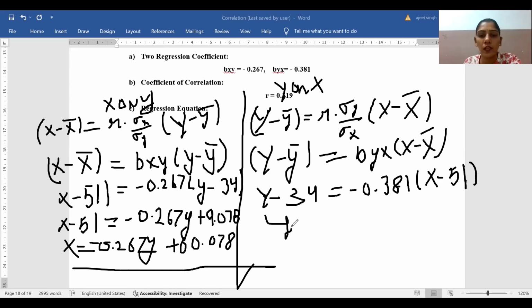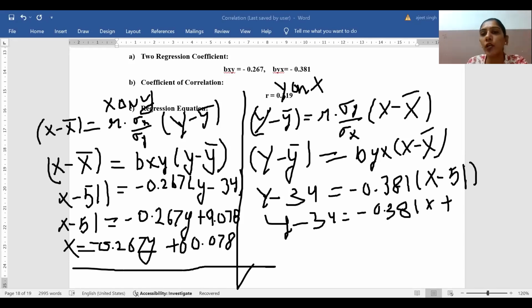Now y minus 34 is equal to minus 0.381x, minus into minus is plus, and let me calculate 0.381 multiplied by 51.